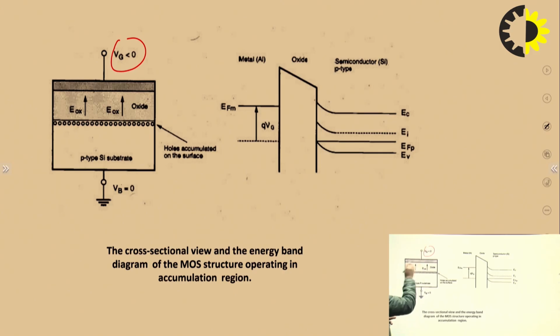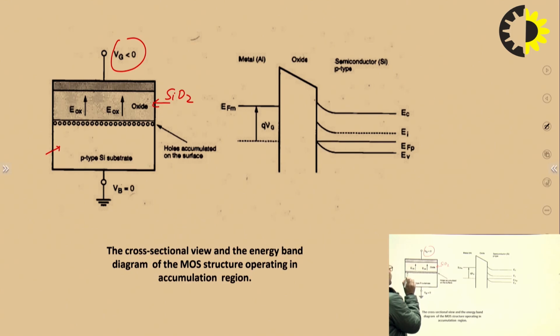This is the insulating material, the SiO2 layer, and this is the semiconductor layer. All the holes are collected at the interface of these two layers, and there is an accumulation of charge carriers at this interface.